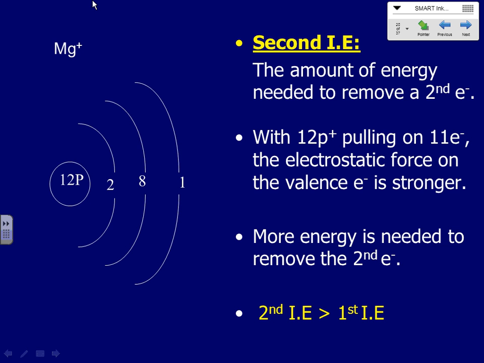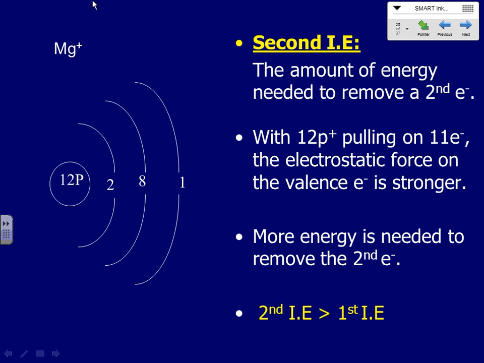Because as it gets further away, it's feeling a +1 charge. It's being pulled away from an overall +1 ion, and it's becoming a +2 charge. So as that electron is pulled away to great distances, it's still being pulled back by a +2 charge. And so that's going to take more energy to get it to great distances away from the atom.